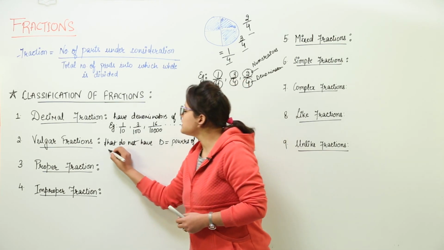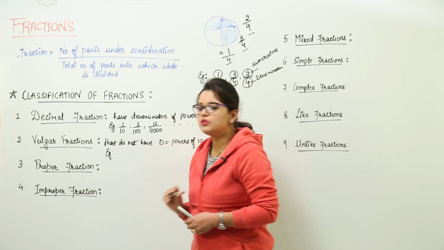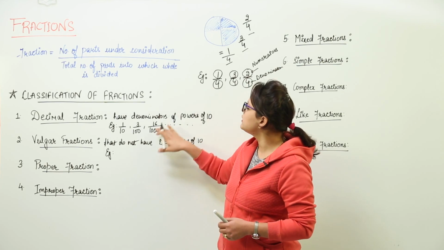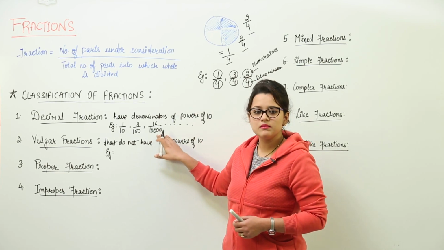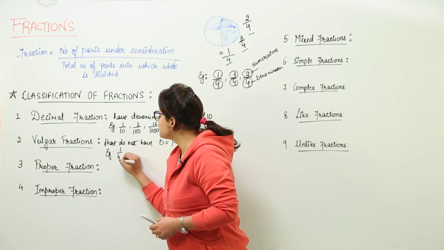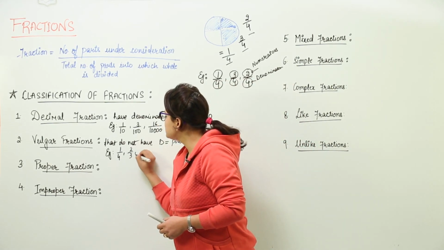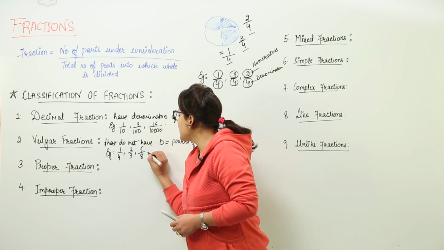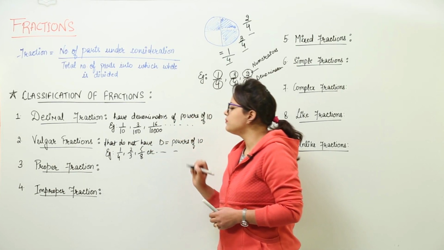So, what will be the examples for vulgar fractions? It could be any other example other than the ones having denominators as powers of 10. Even all these are representing the vulgar fractions only, like this, 5 upon 8 and so on, right?